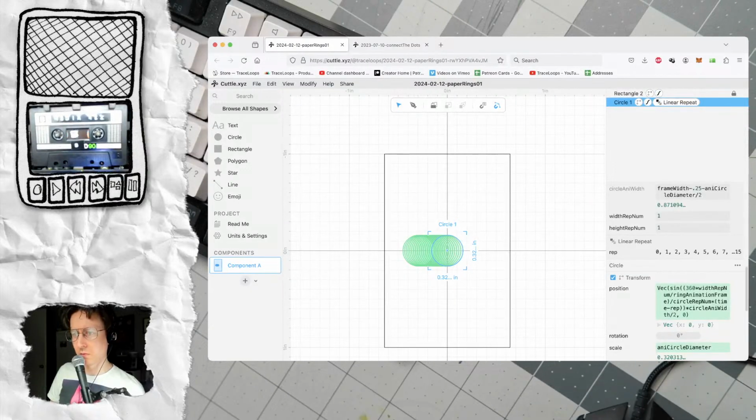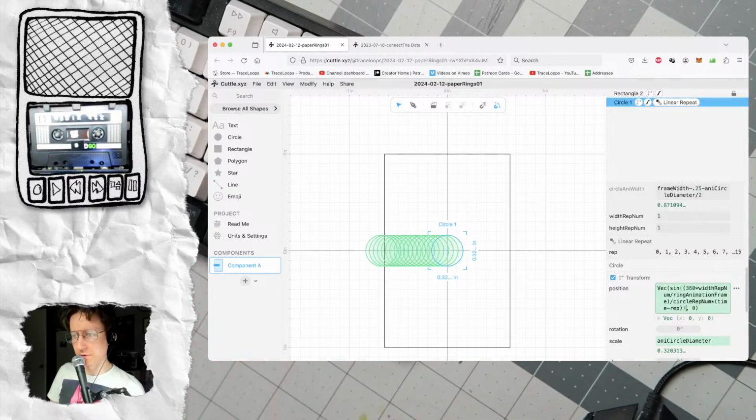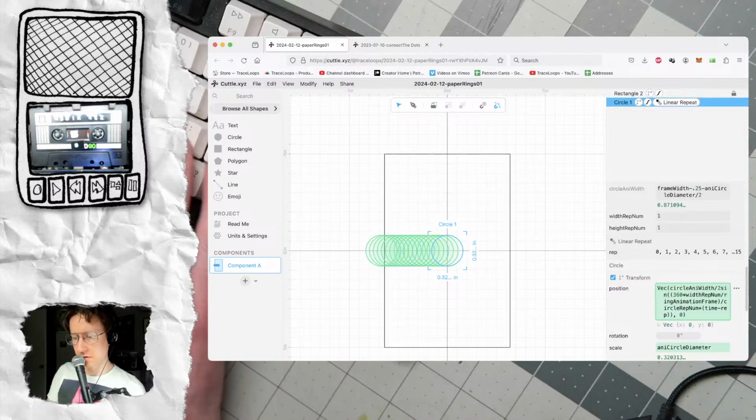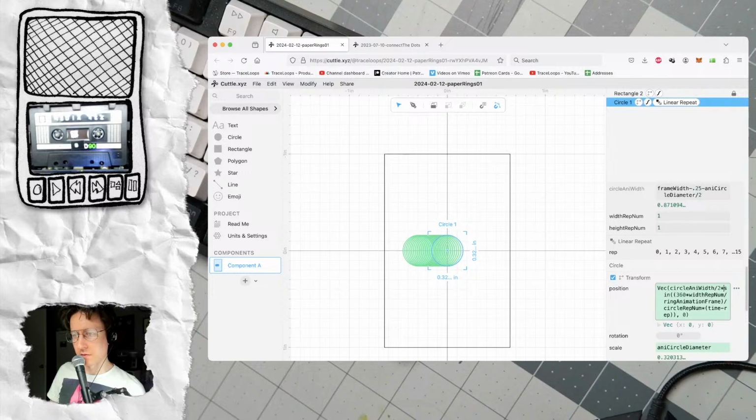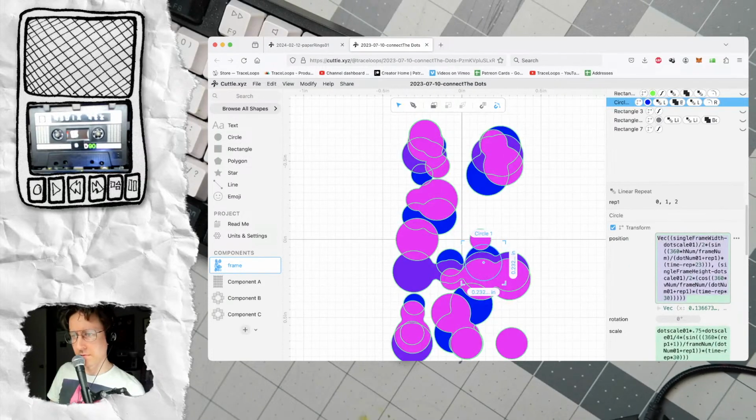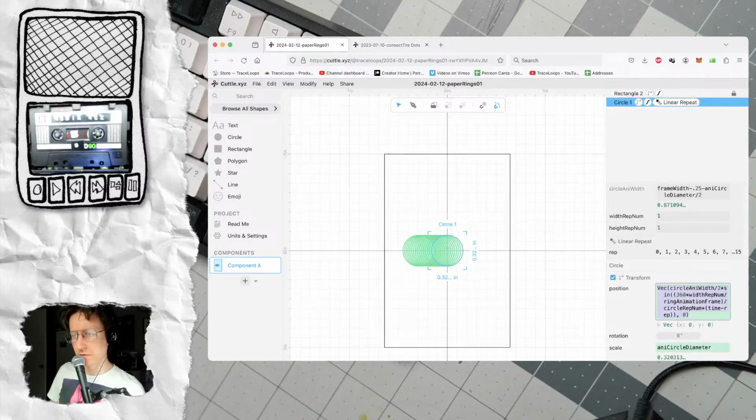Okay, so let's take this guy, cut it, and put this at the front end. Times sine divided by h num divided by width num.